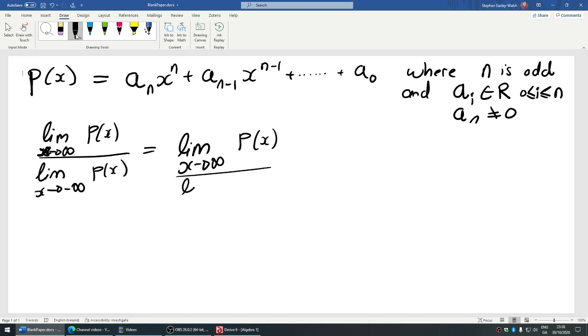So I can write this as just the limit as x goes to infinity of p(x), and then here the limit as x goes to infinity of p(-x).